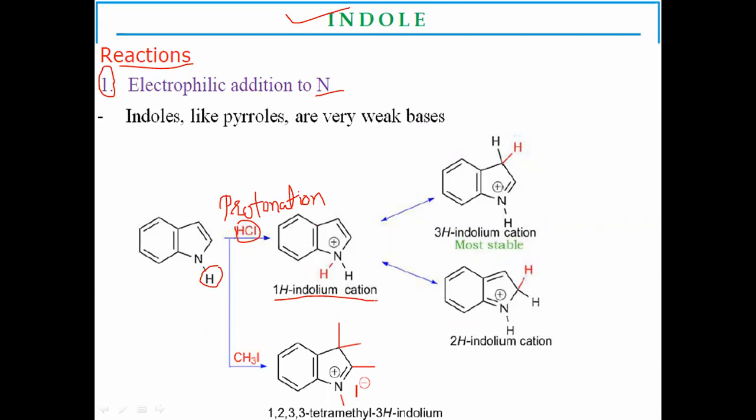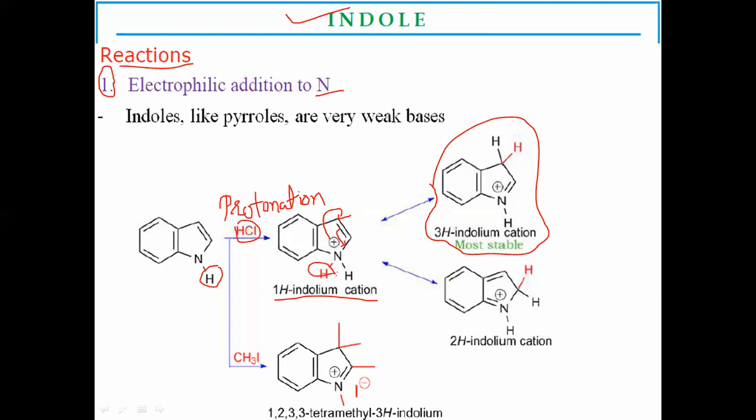And due to the delocalization of pi electrons, the pi electrons shift towards the adjacent position and the charge shifts to the third position and forms the 3H-indolium cation.